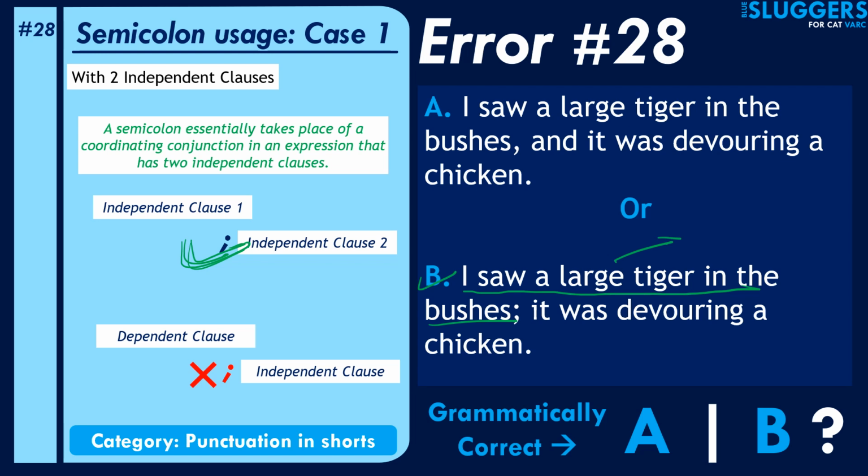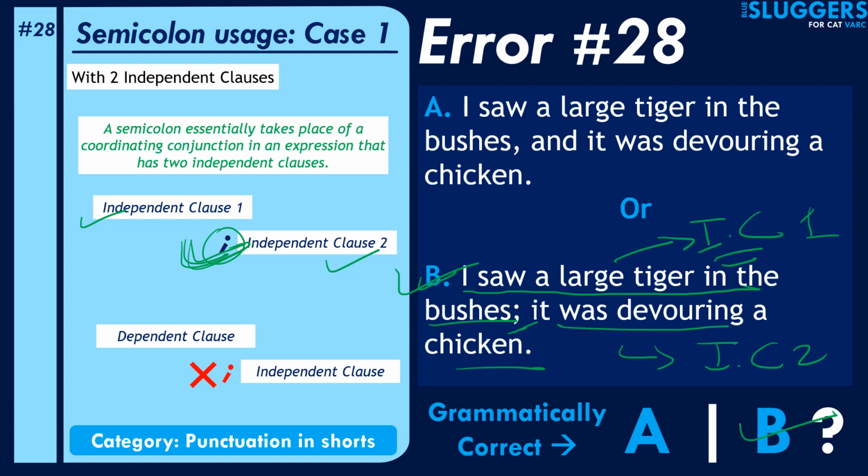So that's your first independent clause. Then you have a semicolon, and then the next part says "it was devouring a chicken." So that's the second independent clause. So I see 1 and I see 2. It does follow the format: independent clause 1, independent clause 2, joined by a semicolon. So it does make sense, and hence sentence B will be considered correct.